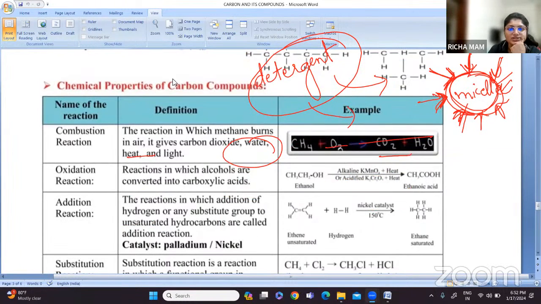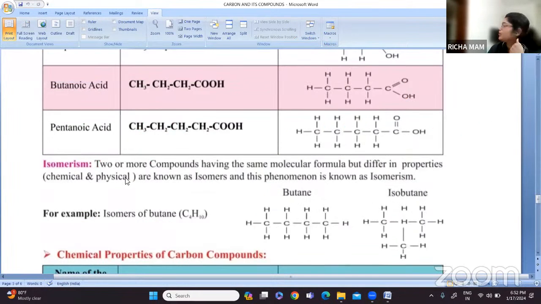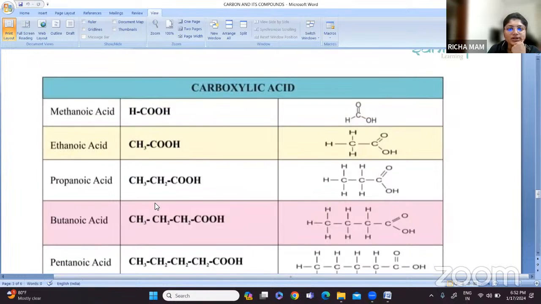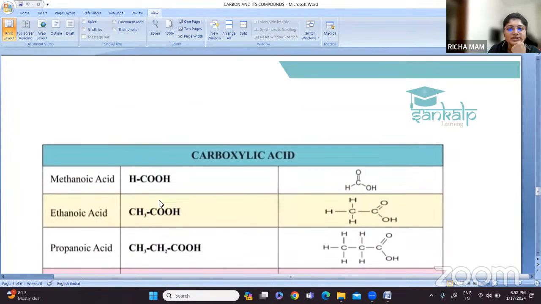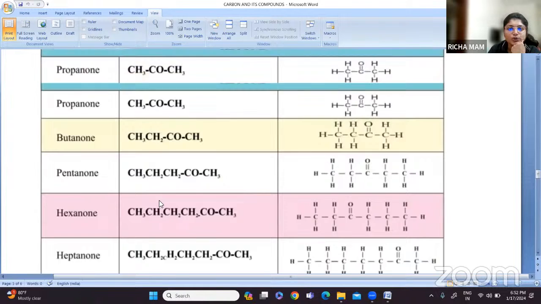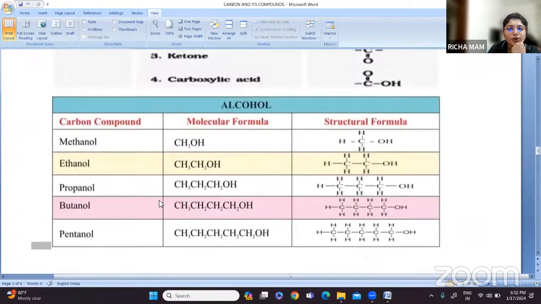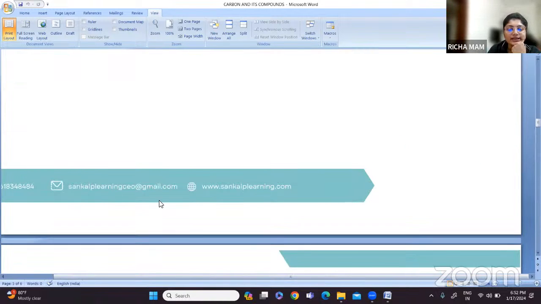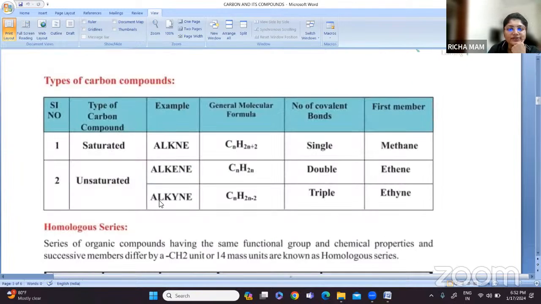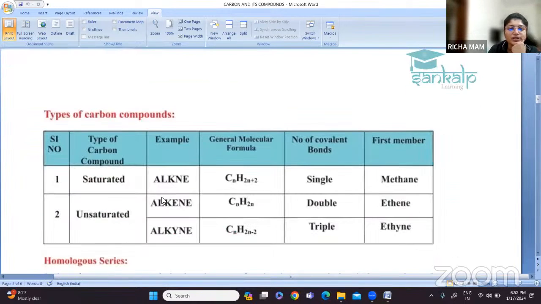What is combustion reaction, and what are the definition and example? Then what is isomerism? Then what are the homologous series of carboxylic acids, aldehydes, ketones, alcohols, alkanes, alkenes? These are all very important. You need to remember the types of carbon compounds. I hope things are clear.